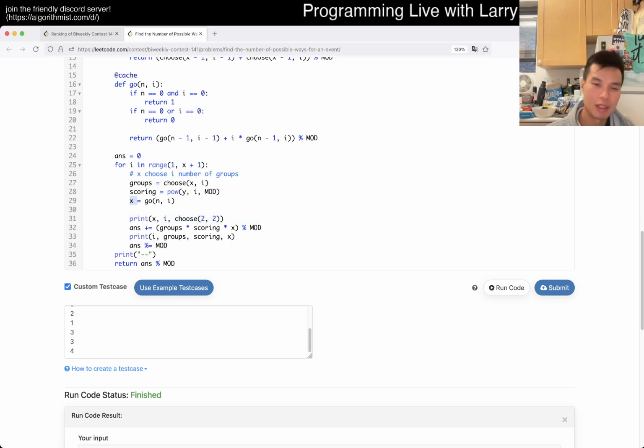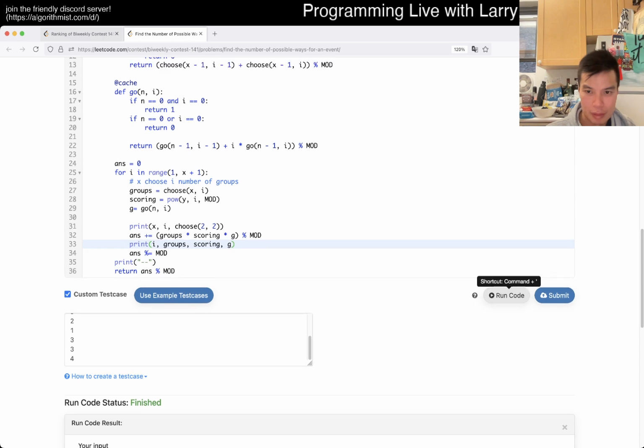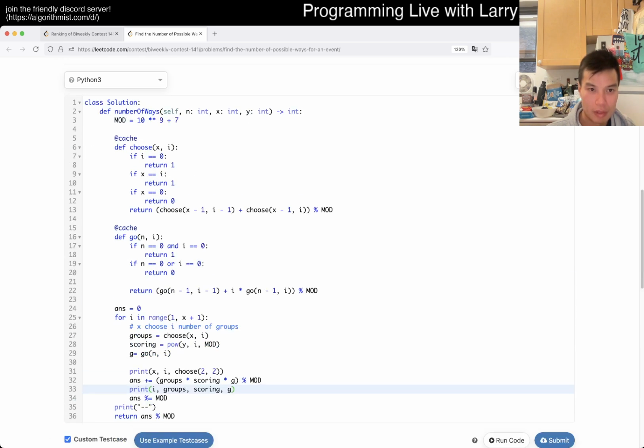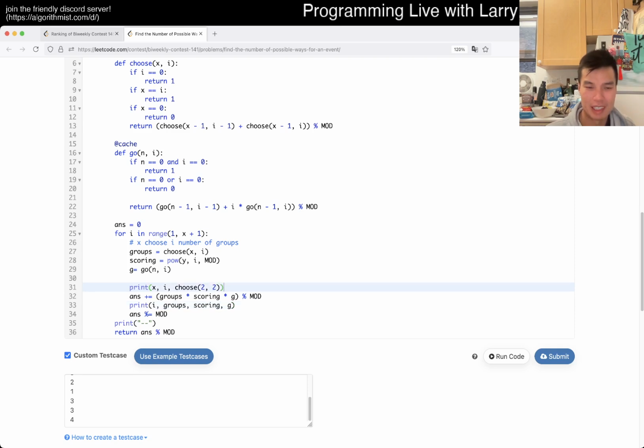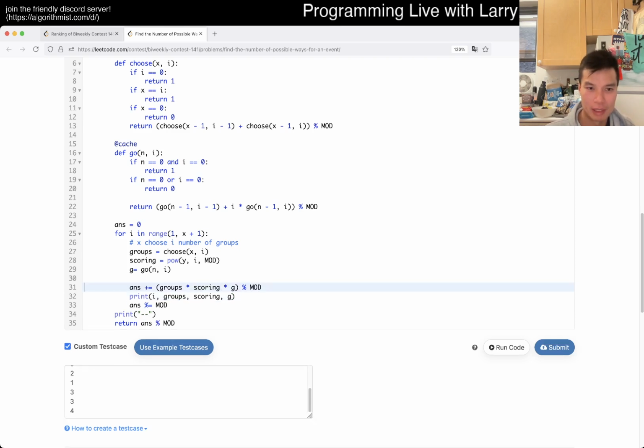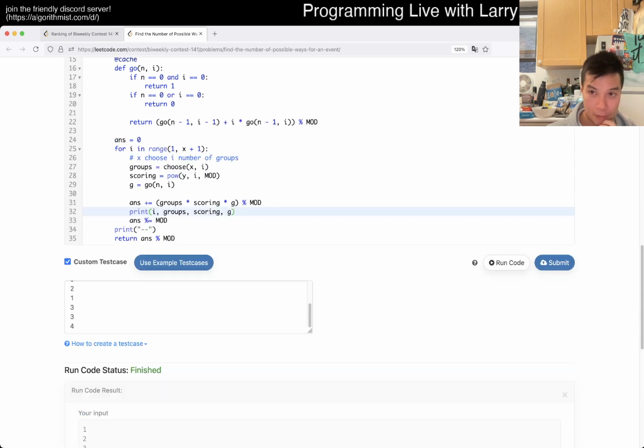Oh, because I am dumb, I'm dumb. Okay, I mean, it's still wrong, but at least it's wrong in a way that it's not unpredictable. I am just so bad at this. Okay. Okay.